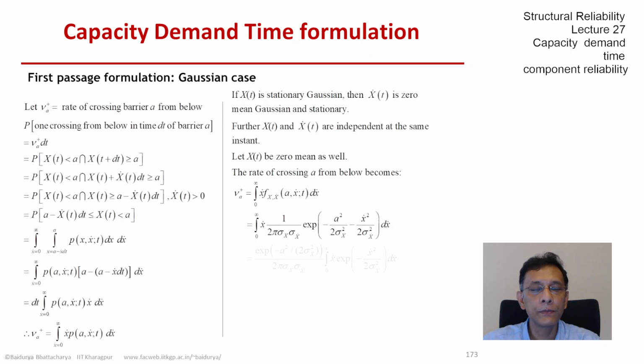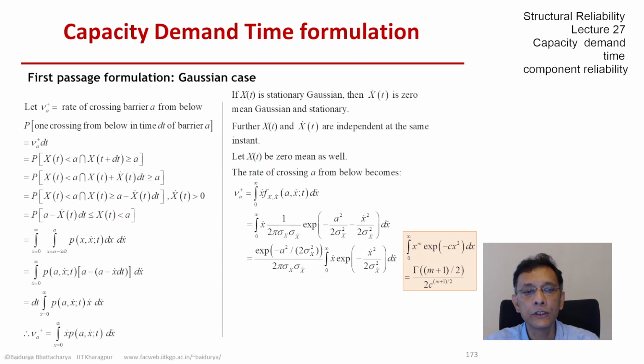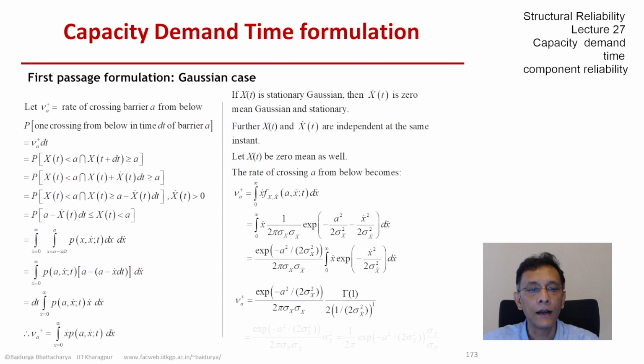And then this simply becomes an exercise in integration, and we can compute this using known results. So the integration of x to the power m exponential minus 3x squared dx, we know that it depends on the gamma function, and when m is equal to 1, it takes the very simple form gamma 1 divided by 2 over 1 by 2 sigma x dot square.